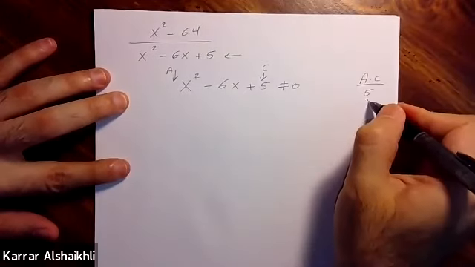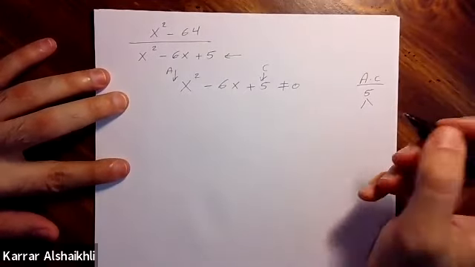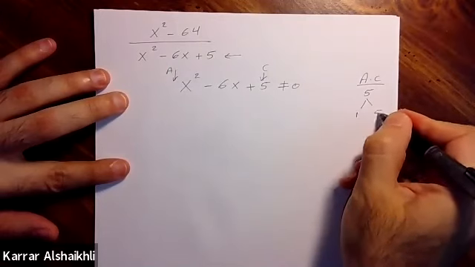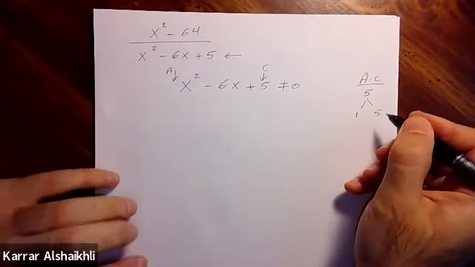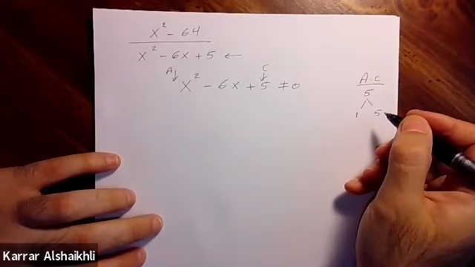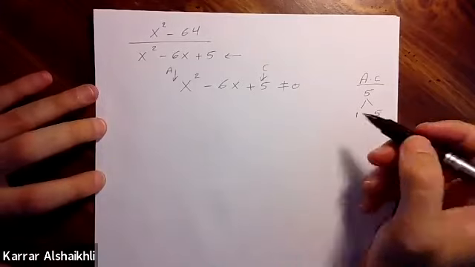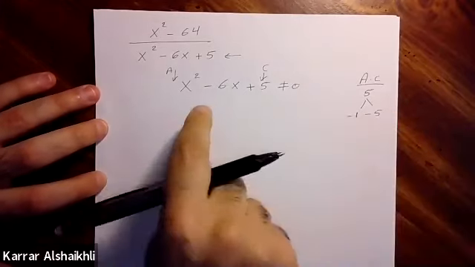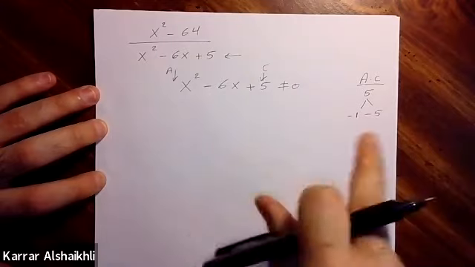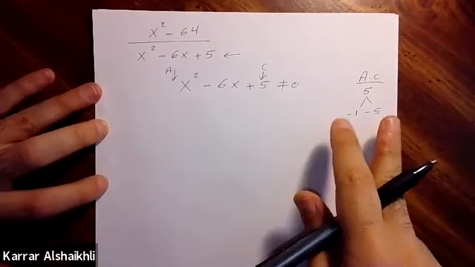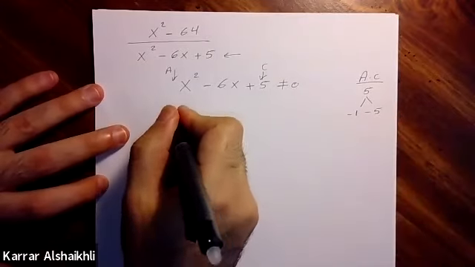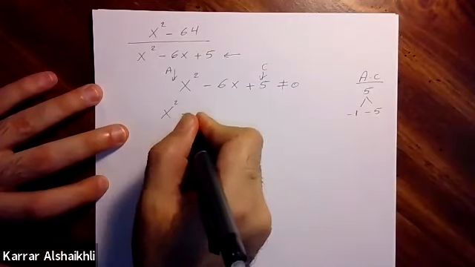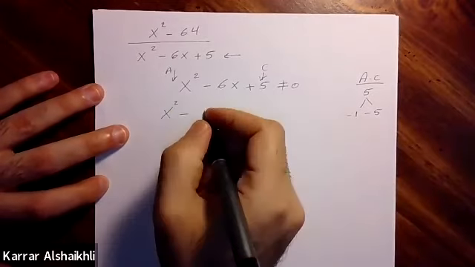We're going to factor the 5. We have only one option, which is 1 times 5. So I'm going to use this option to get 6, because if I say minus 1 minus 5, that is negative 6. So let's use this option. So here is the first one, x squared minus 1x.